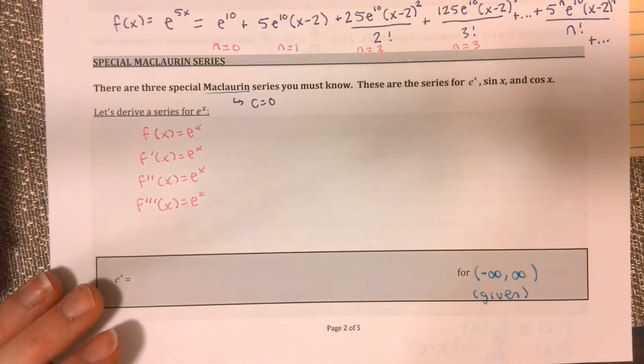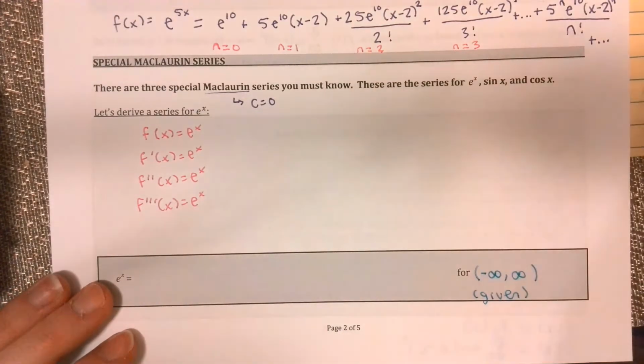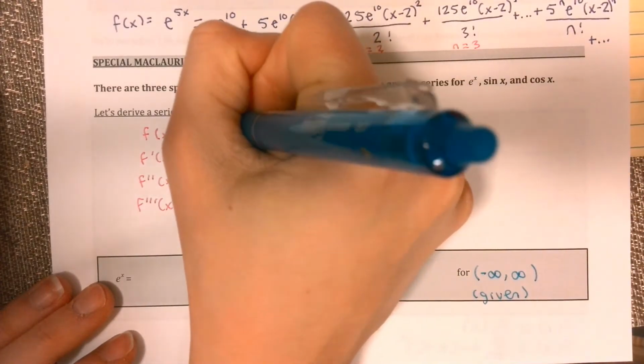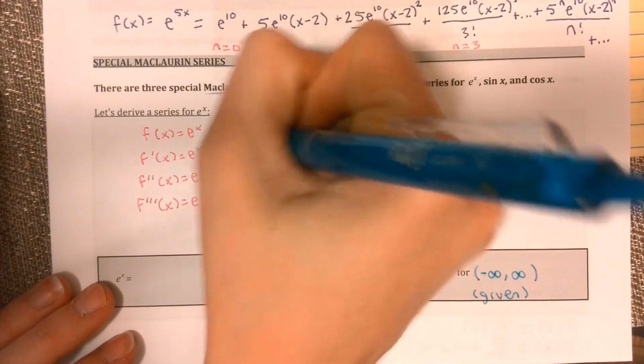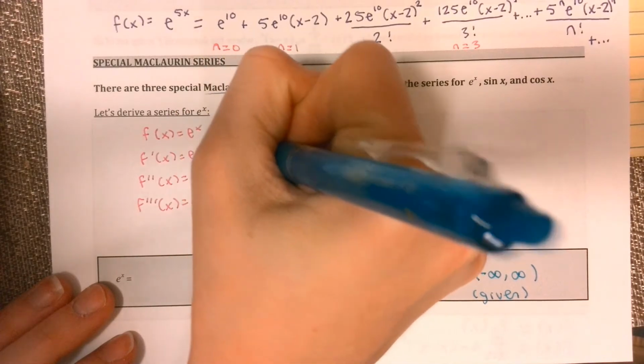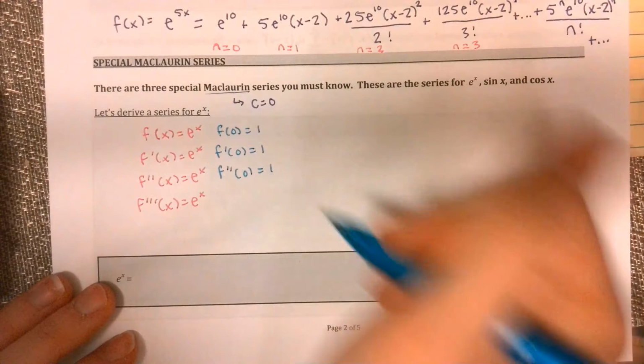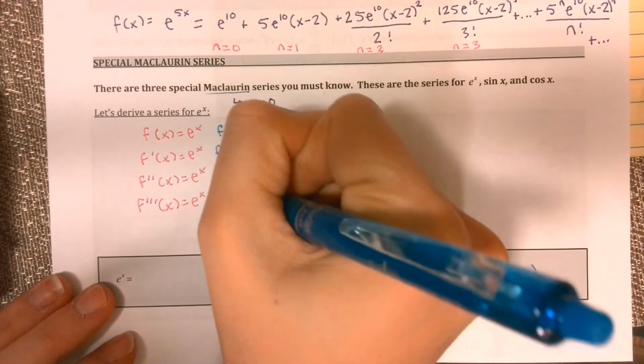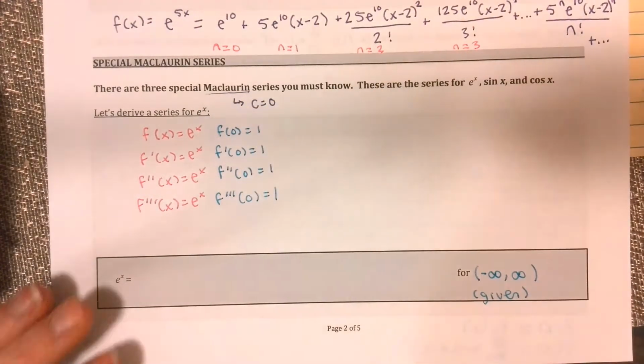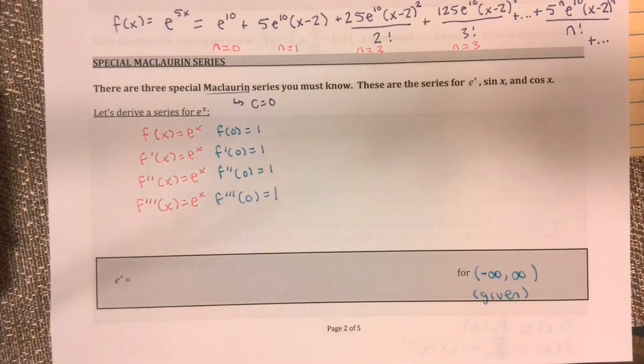All of these are equal to the same thing when I plug in 0, and that thing is 1. So f of 0 is 1, f prime of 0 is 1, f double prime of 0 is 1, and the third derivative at 0 is 1. Okay, so we're ready.